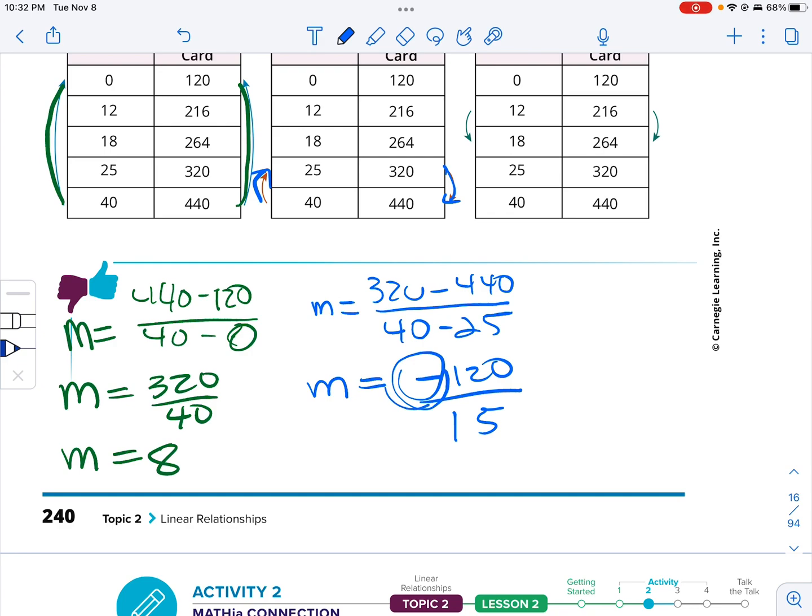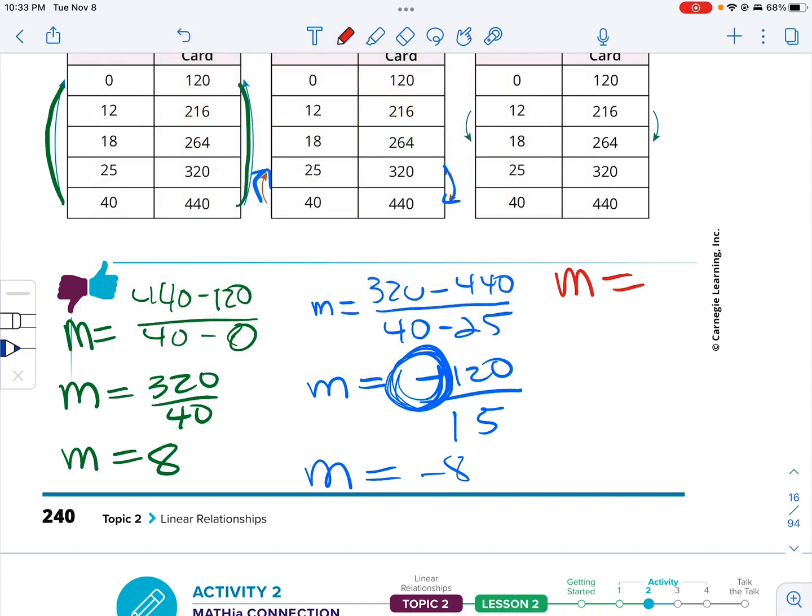Automatically it's not going to be the same because doesn't that have a negative sign? So negative 8, is that right? So 120 divided by 15. Yeah, negative 8.